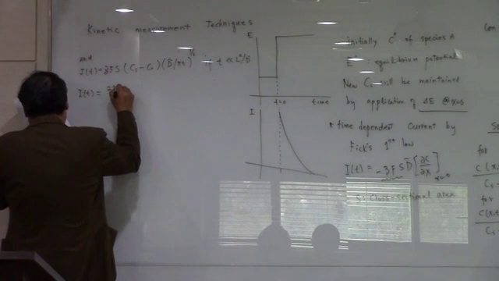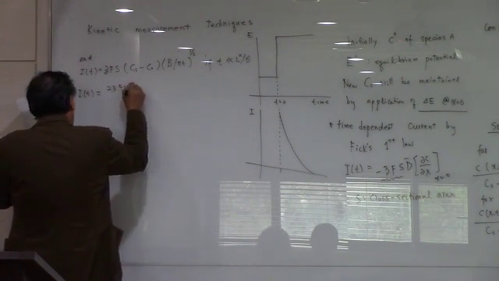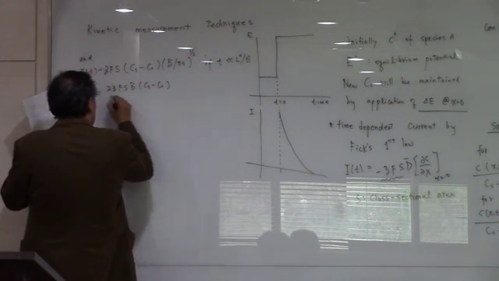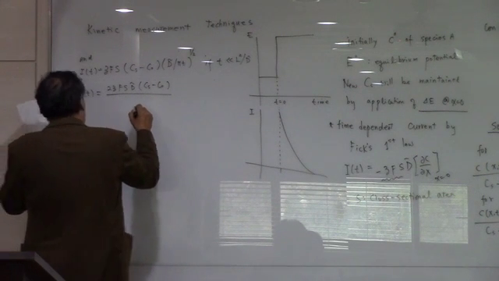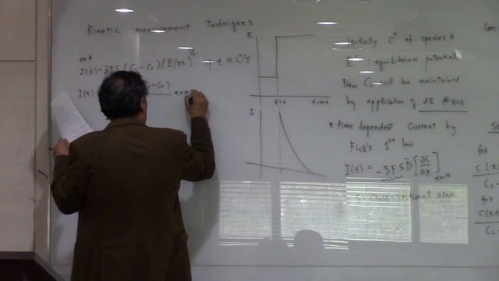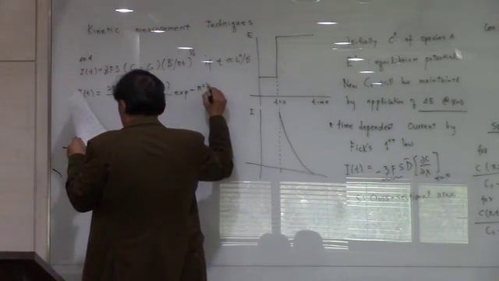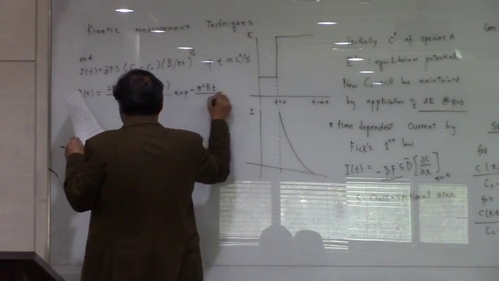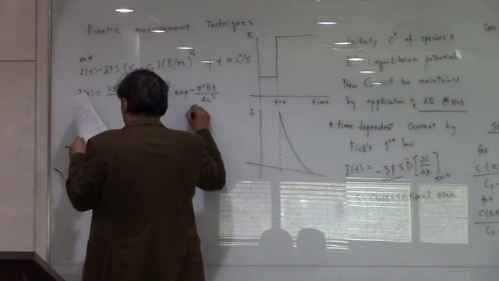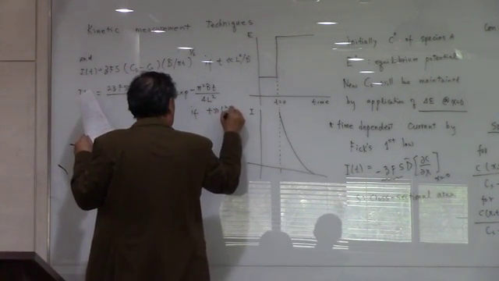To the FSD, CS minus C naught over L, exponential minus pi square D t over 4L square, if t is greater than L square over D.